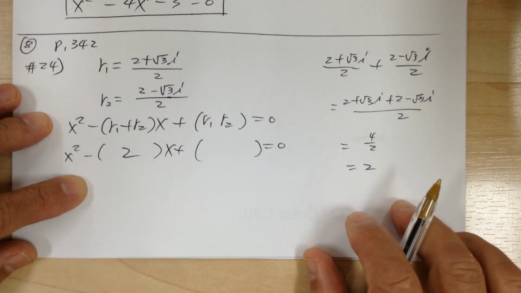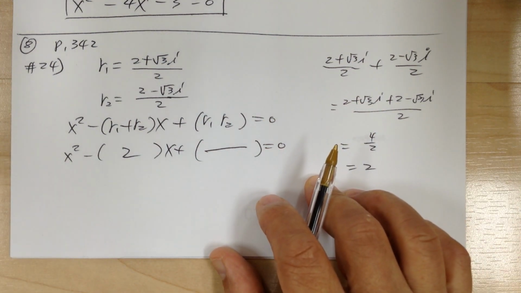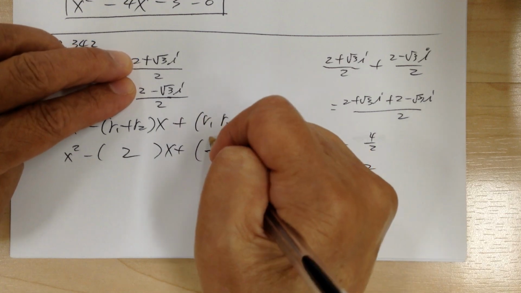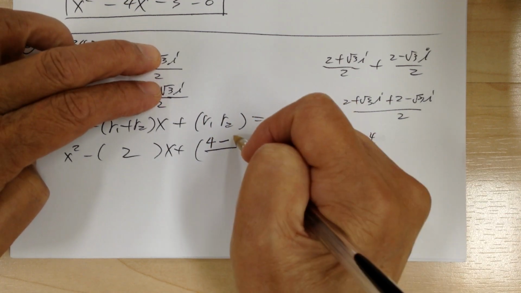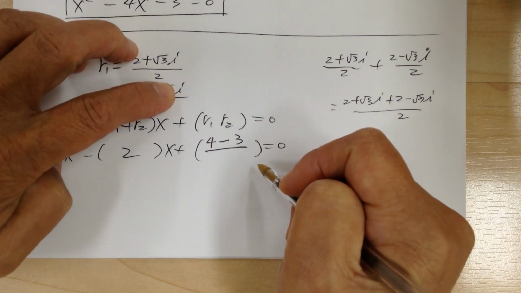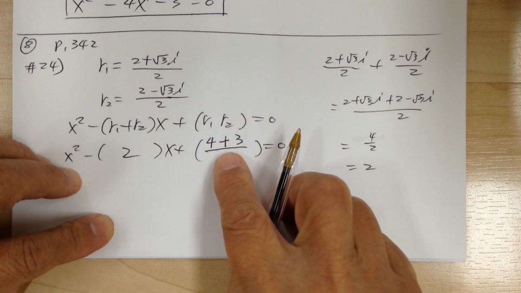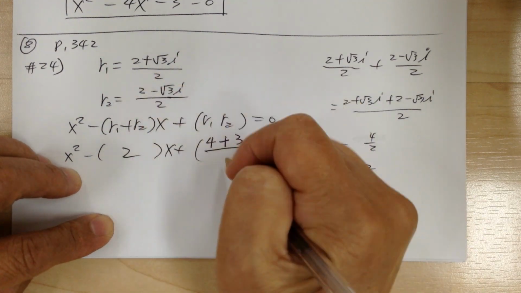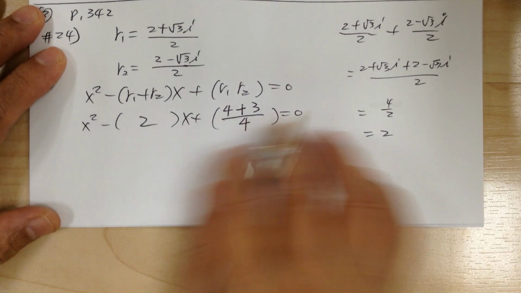Now when you multiply, again conjugates, you multiply the corresponding parts. So 2 times 2 will give you 4. Plus times minus will give you minus. Square root of 3 times square root of 3 will give you 3. i times i is negative 1, so this becomes plus. On the bottom, 2 times 2 is 4. Next step, let's work it out.